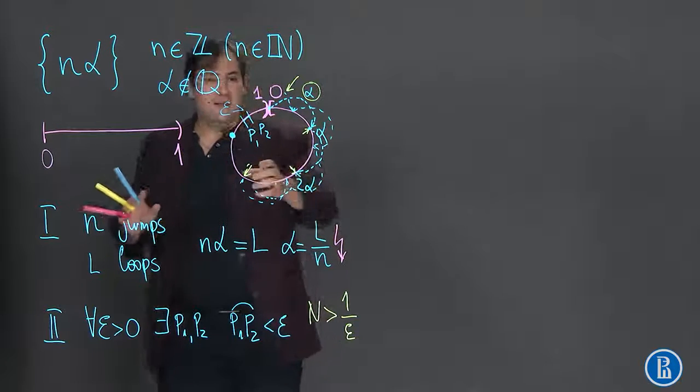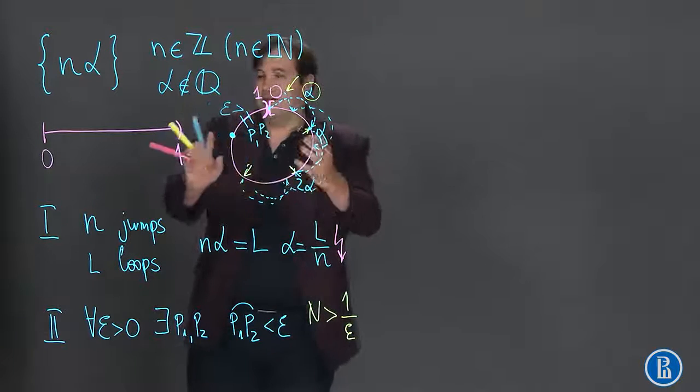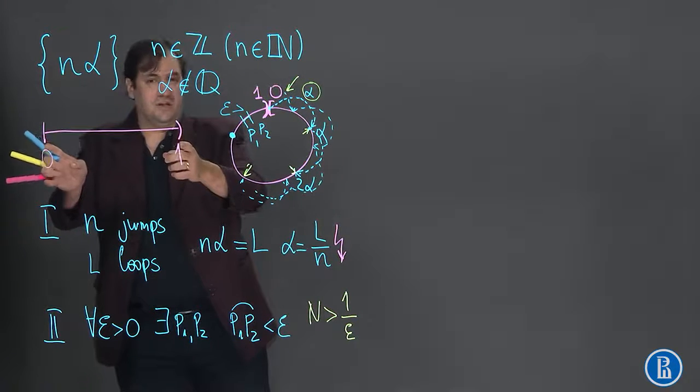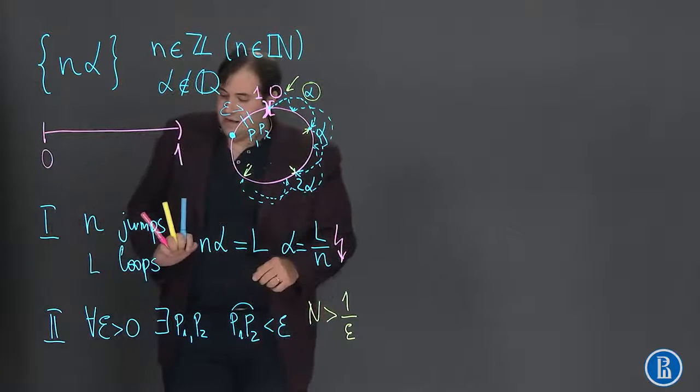We understand that the length of this circle is exactly the same as the length of this semi-open interval and equal to 1.